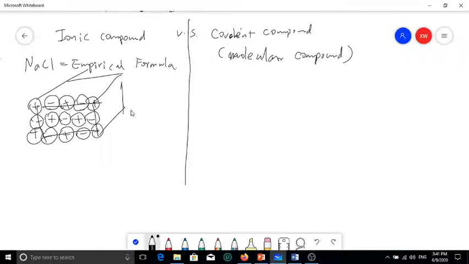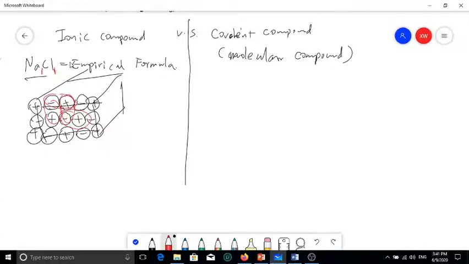The point I'm trying to make here is it's almost impossible to identify an actual sodium chloride molecule, because you can hardly tell which sodium and which chloride are actually bonded closer than the others. But there's only one thing that's certain: in any sodium chloride compound, the ratio between sodium and chloride is 1:1.